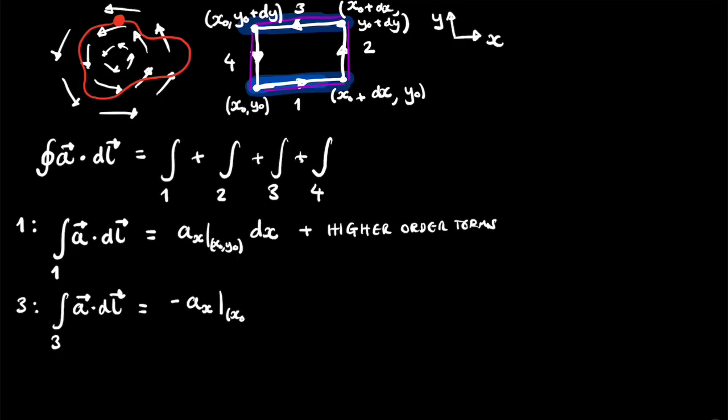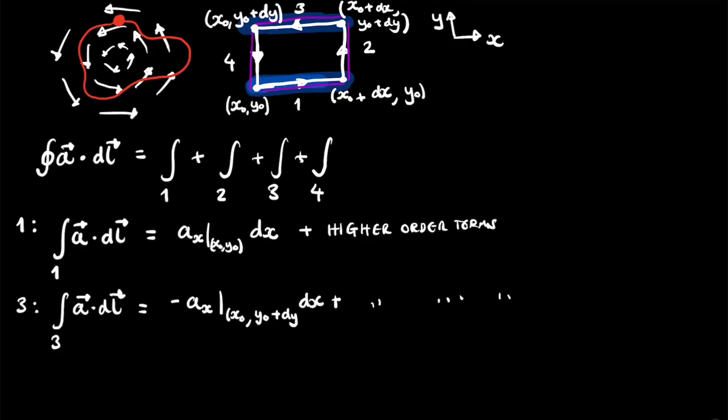It's going to be evaluated at x naught, but instead of y naught, it's going to be at the slightly higher y position, because part 3 of the loop is at a different y position than part 1 of the loop right there. And again, this is going to be multiplied by dx, and there's again going to be some higher order terms. I'm not going to bother writing that in.